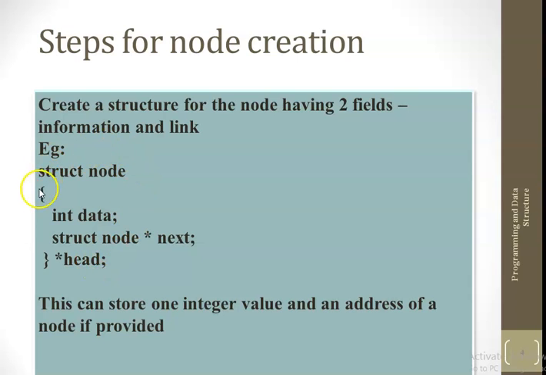So this is the structure part of creating a linked list node. In all the programs we will be using this type of structure definition. It should have a data part and a link part.